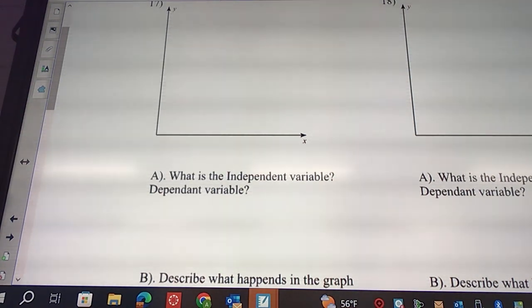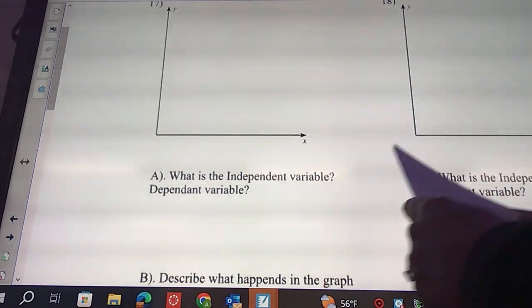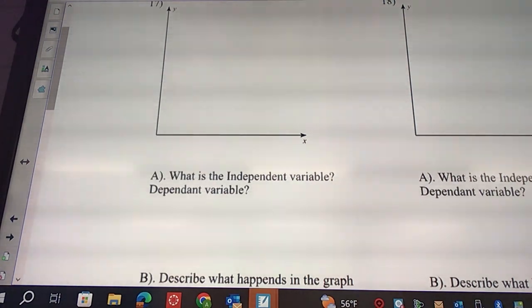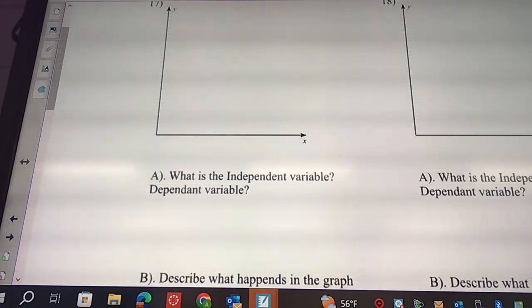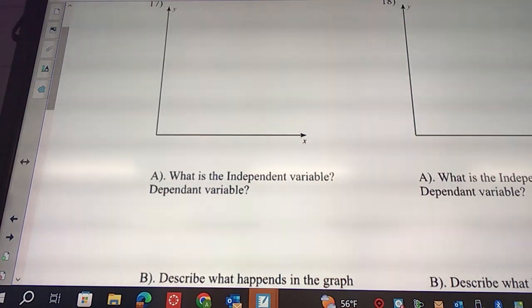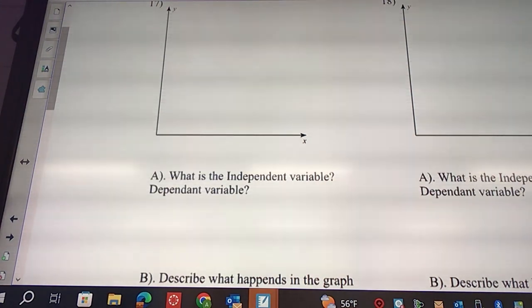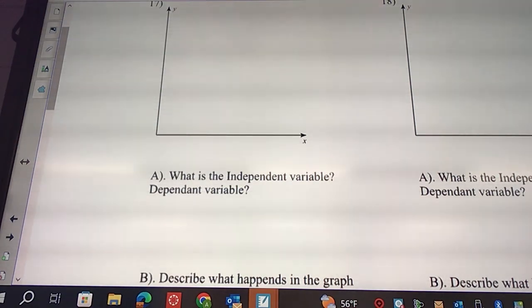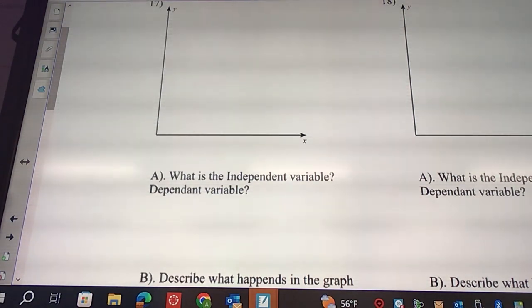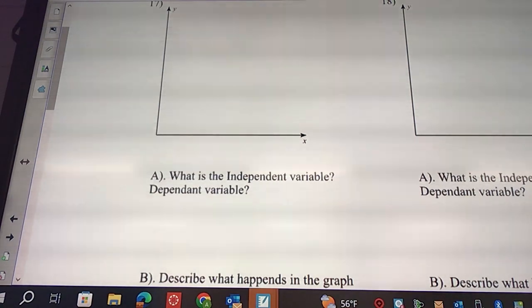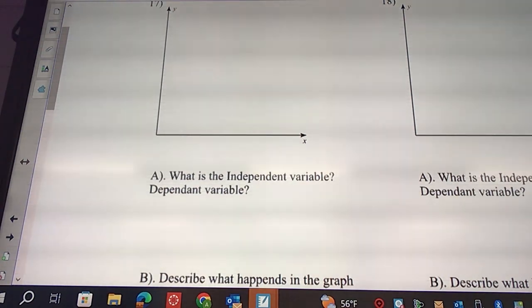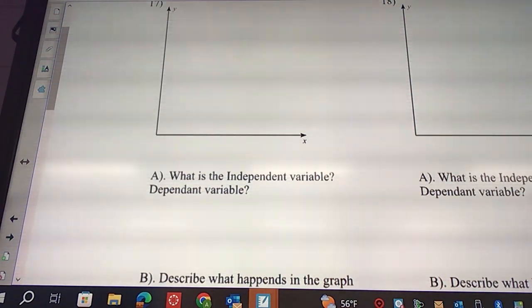So if we look at number 25, if you had a fundraiser and you're selling boxes of candy, which one is independent or which one depends on the other one? Does the amount of boxes we sold depend on how much money we collect, or does how much money we collect depend on how many boxes we sell? Which one is independent? Boxes I sold. I'm always gonna have the boxes, right?